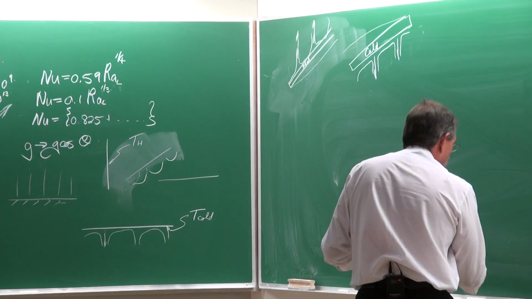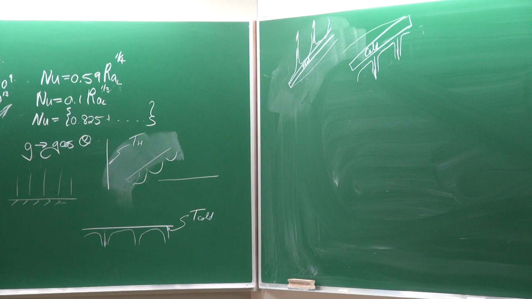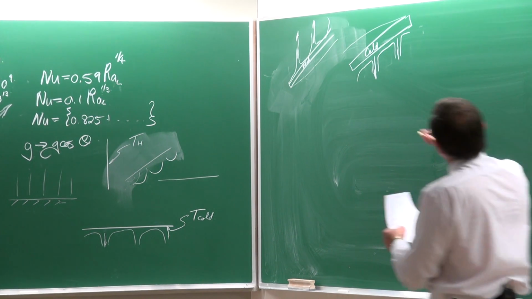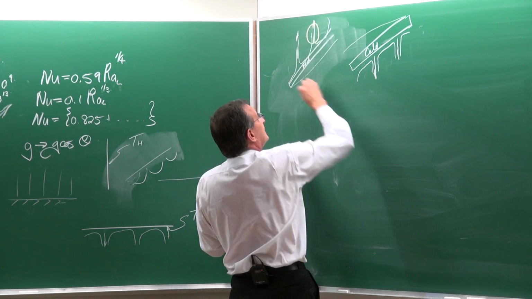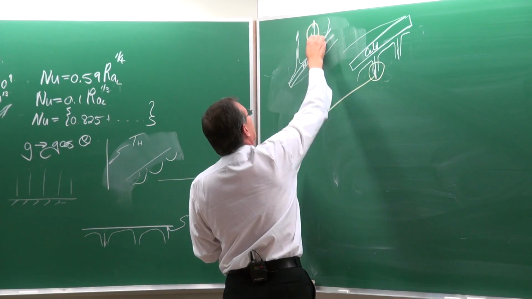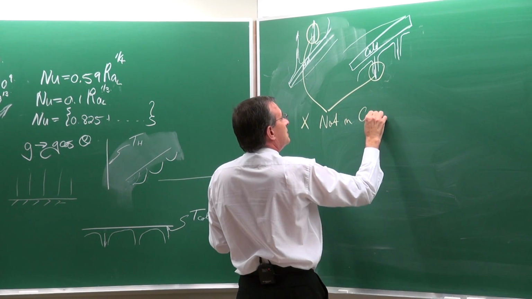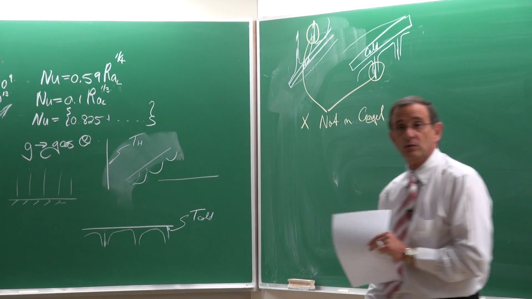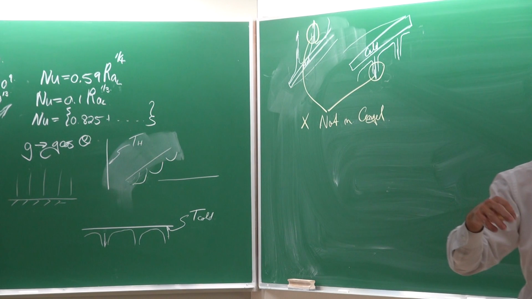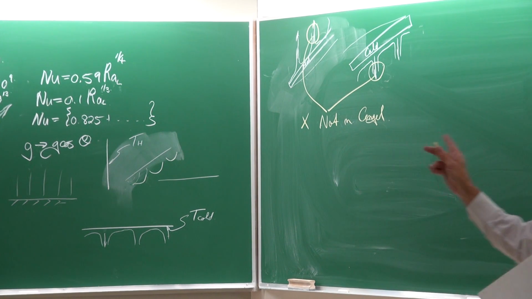So the moral of the story with the flat plates is that that case and that case are not in Cengel. And if you go and look at the text, it will also tell you that, and it would say that you have to go and look in other literature to get those two cases.